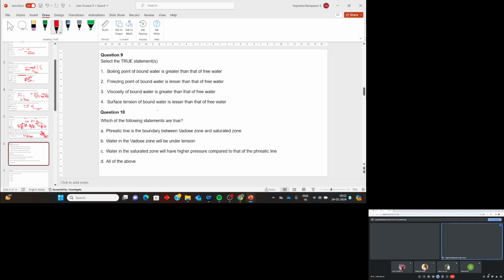First two are interrelated. So the boiling point and freezing point of bound water, considering these two statements, what is the reason for these two statements to be true? Why is the boiling point of bound water higher and the freezing point of bound water lesser?